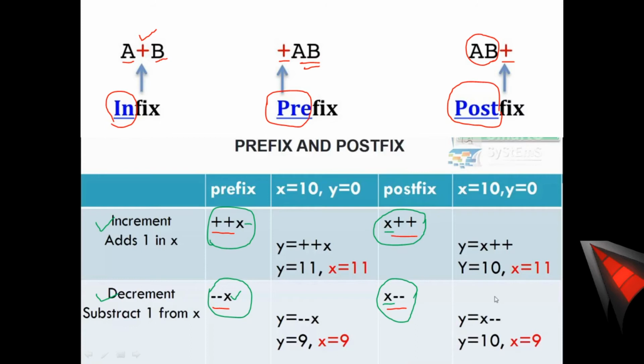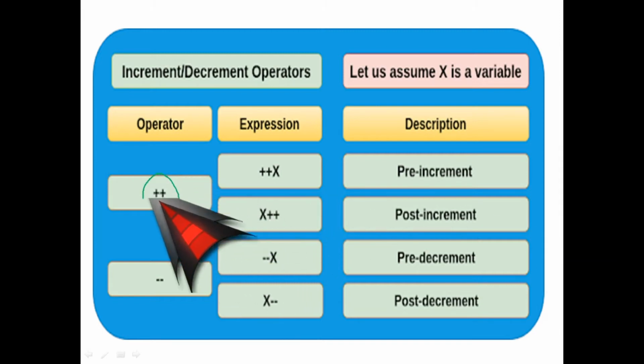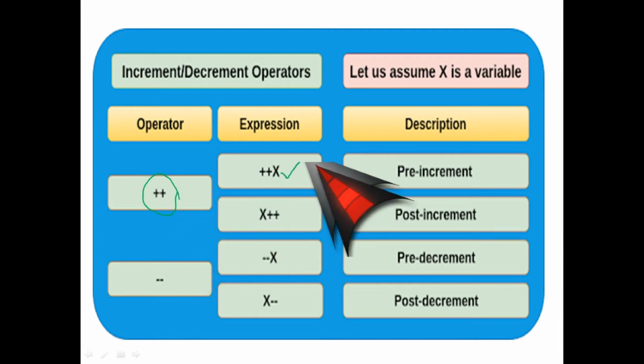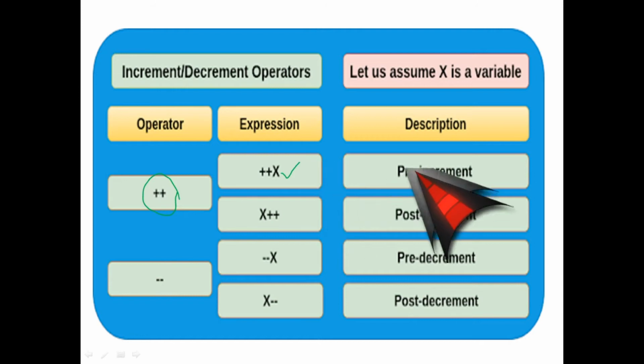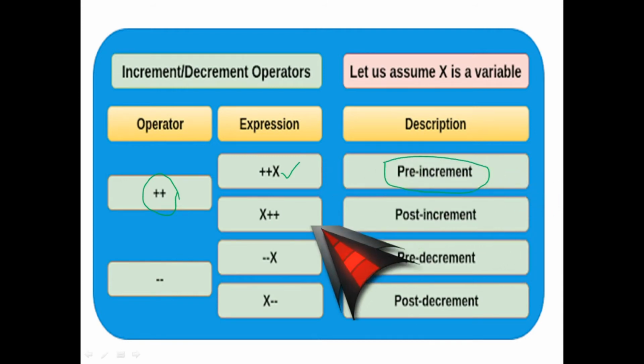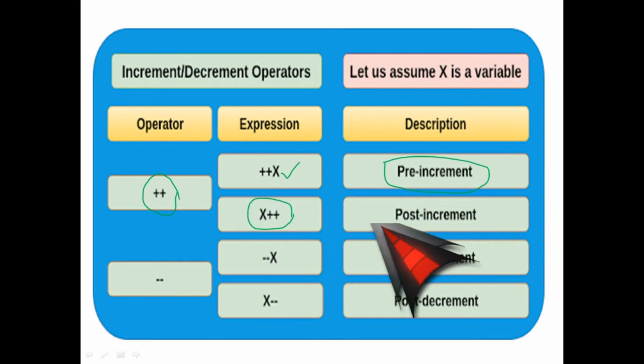If it is a plus plus operator before the operand, it is known as pre-increment. Pre-increment means the increment happens first, and if it is at the end, it is post-increment, meaning the increment will happen later.